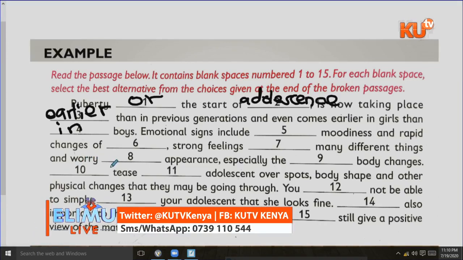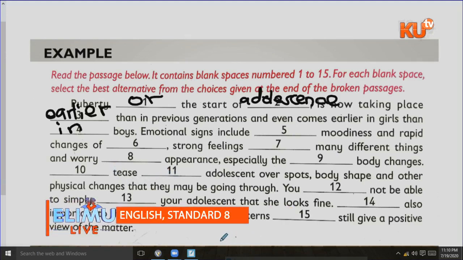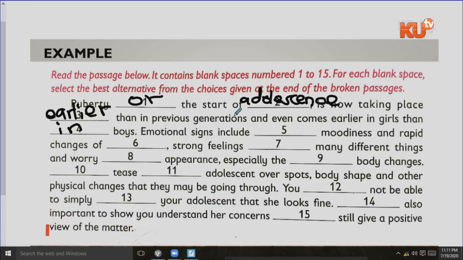So the choices, for example, in question 1, you are given choices: and, or, but, so. I need some assistance to move to the next page. And, or, but, and so. So you apply them all: puberty and the start of, puberty or the start of, puberty but the start of, puberty so the start of.